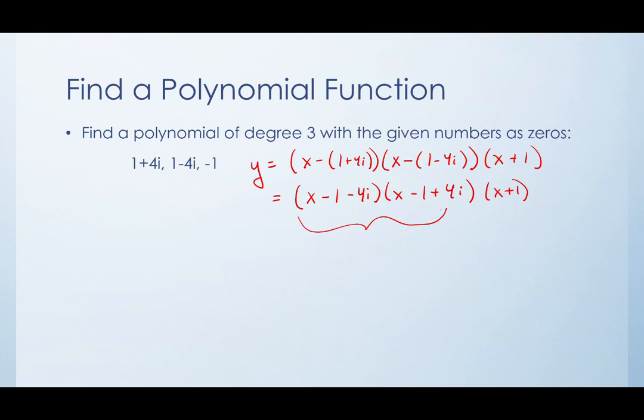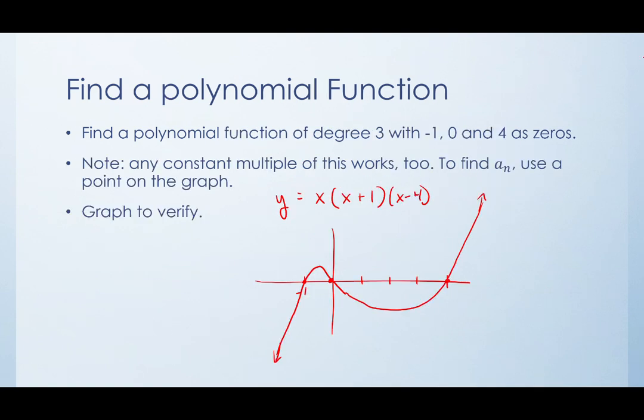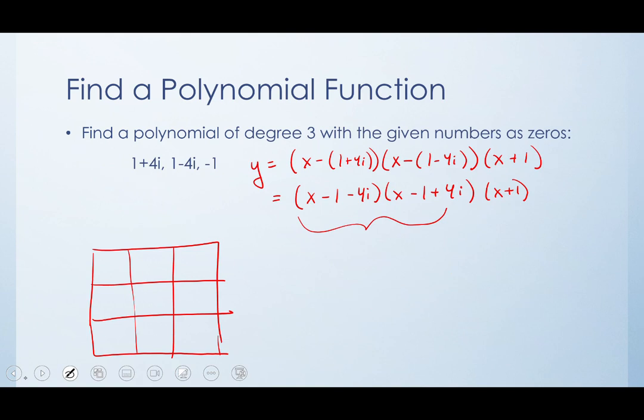Now, this is where that square method can really help you, because this is like 9 multiplications, which is a lot to keep track of. So we're going to write out x minus 1 minus 4i, and x minus 1 plus 4i, and of course we're going to multiply everything out.